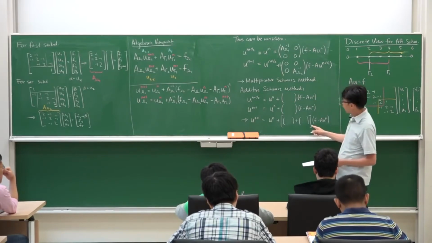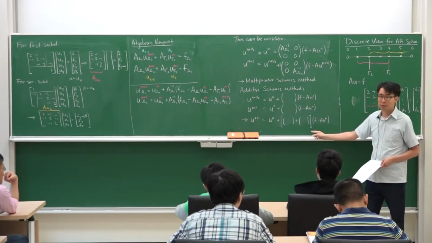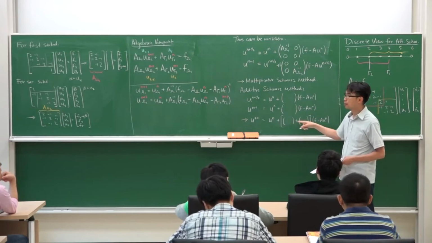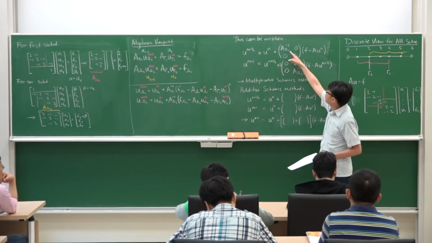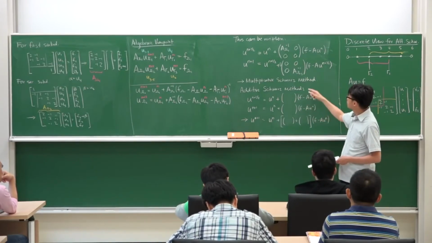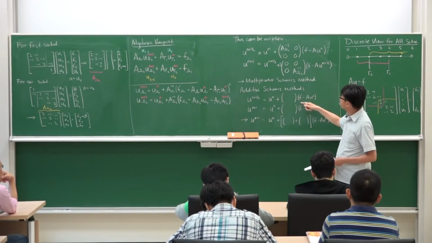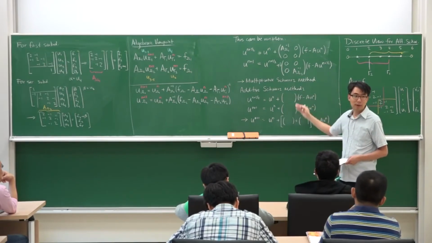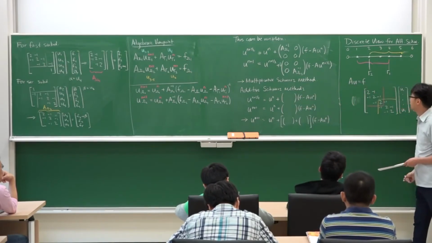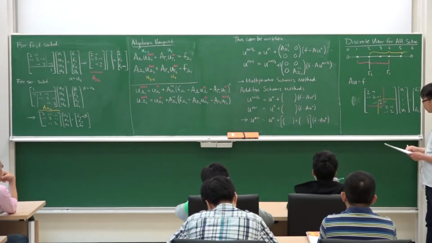Okay? And this is why it's called additive Schwarz. We've added these two operators together. Okay? Remember, they kind of overlap. And in multiplicative Schwarz, the effect is to multiply in sequence by these two operators.